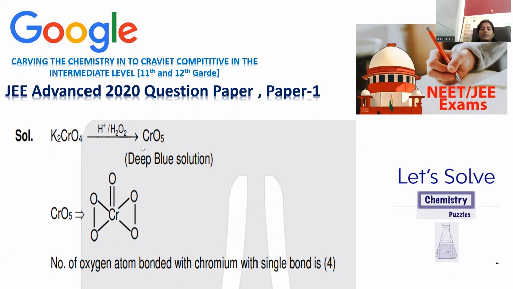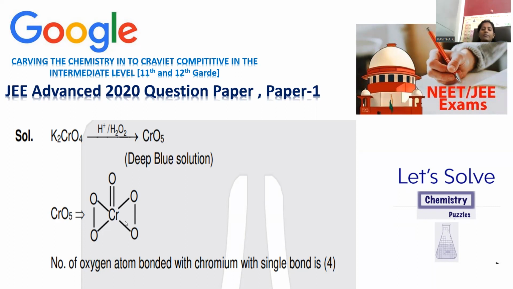Going from 4 oxygens to 5 oxygens, addition of oxygen is a kind of oxidation. Whenever it got oxidized, it turned into a deep, intense blue color solution.